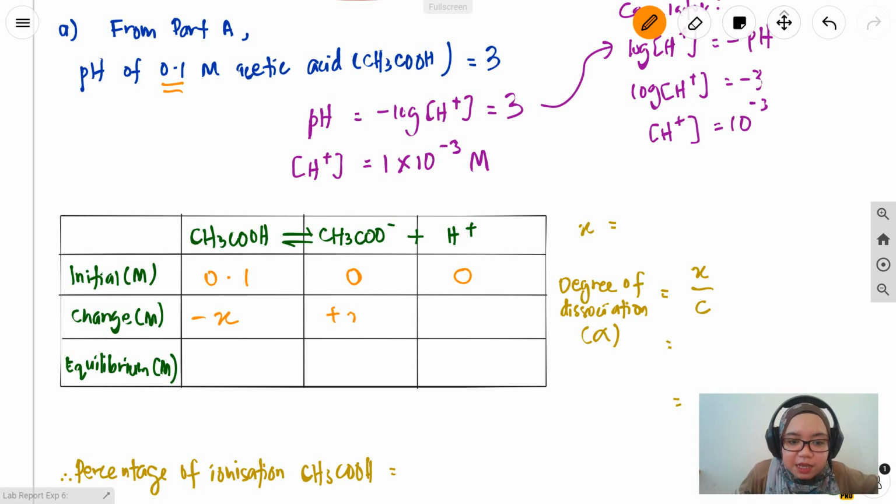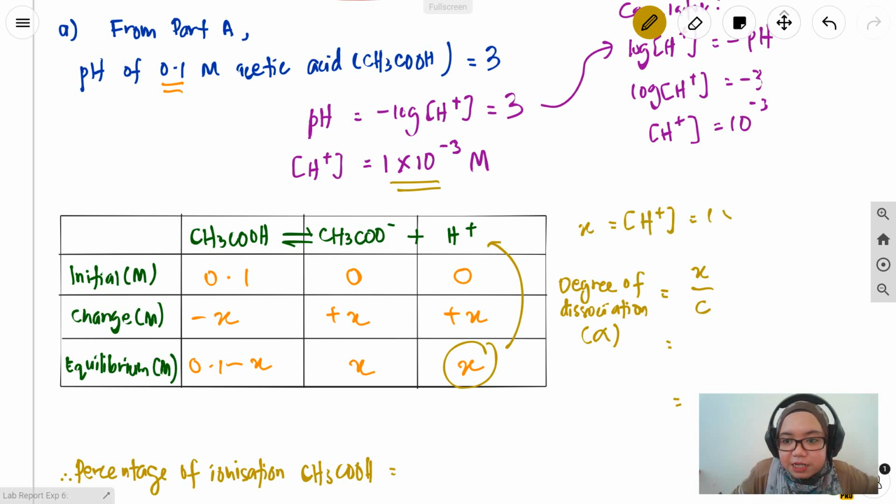So here plus X, here plus X. To get the equilibrium, we add the initial and the change, so 0.1 plus negative X, that is 0.1 minus X, and here X, here X. Now we know that X here is equal to the concentration of H plus, which is 1 times 10 to the power of negative 3 molar. So X is equal to 1 times 10 negative 3 molar.